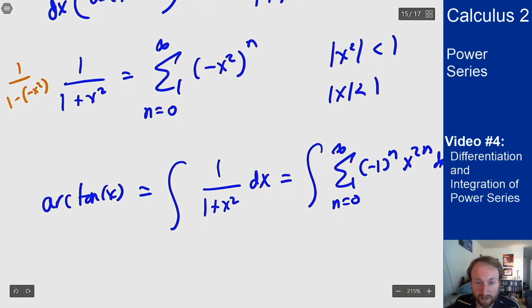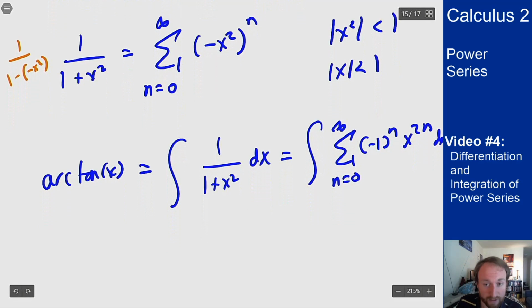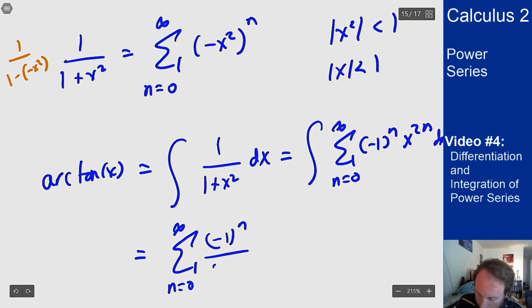Well, now I just integrate this like normal. This is basically a polynomial that goes on forever, but it's still a polynomial. This should be the sum from n equals 0 to infinity of (negative 1) to the n over 2n plus 1, times x to the 2n plus 1, plus c. But since arctan of 0 is 0, I want to get rid of that c and make it 0.